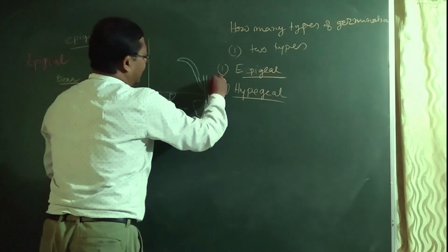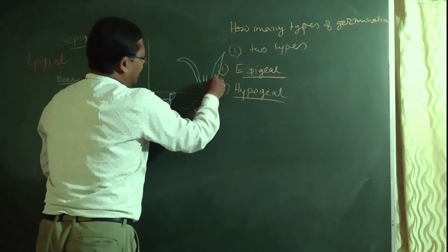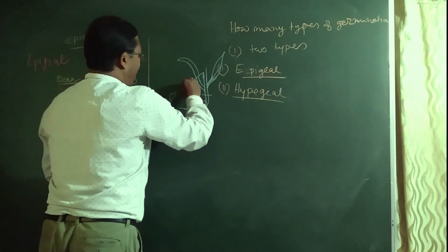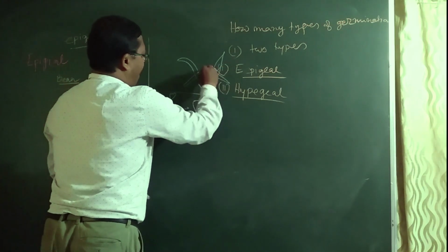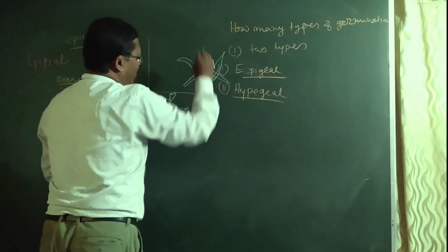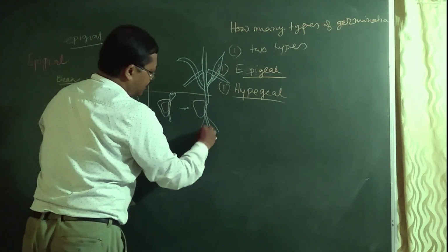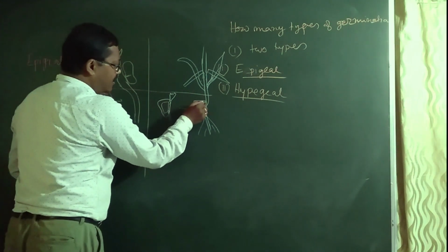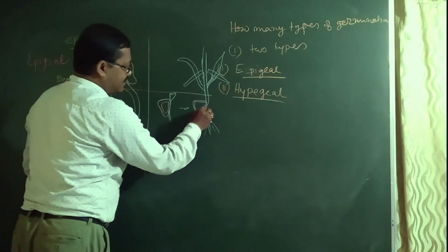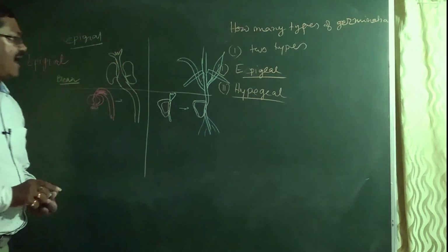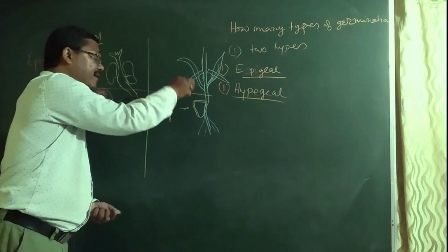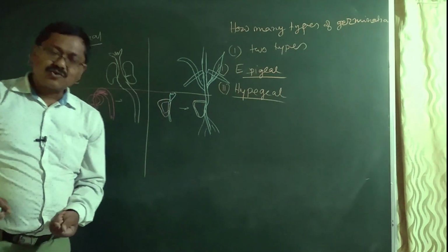This is the leaf. And it grows, and in this case the root develops. So here the cotyledon remains attached with the growing plumule and radicle and remains buried under the soil.